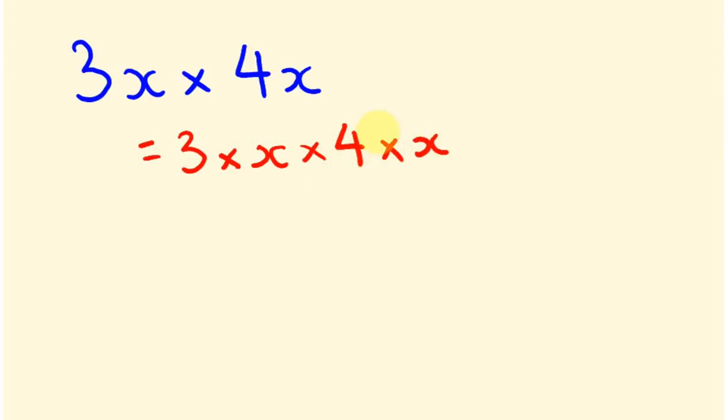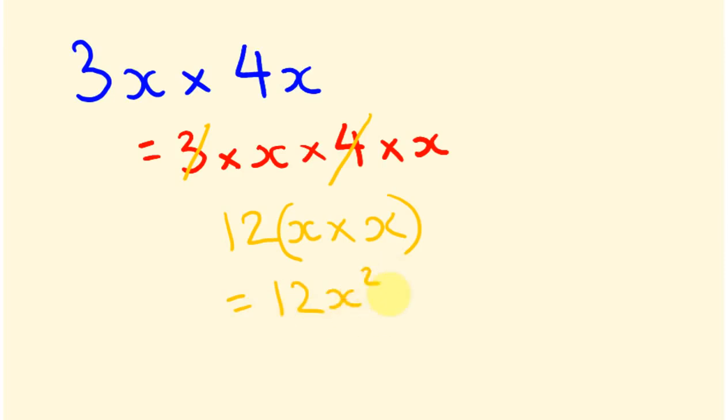Okay, so first off we can do 3 times 4, which is 12, times x times x. So x times x is x squared. We might even write at the start x times x when you're first working these out, and then you realise that this here is x squared, so it equals 12x squared.